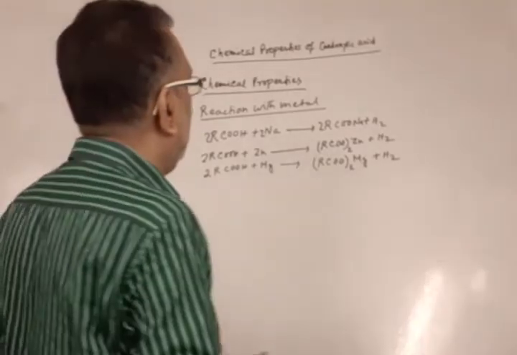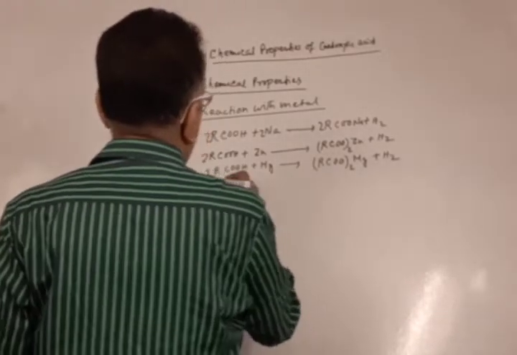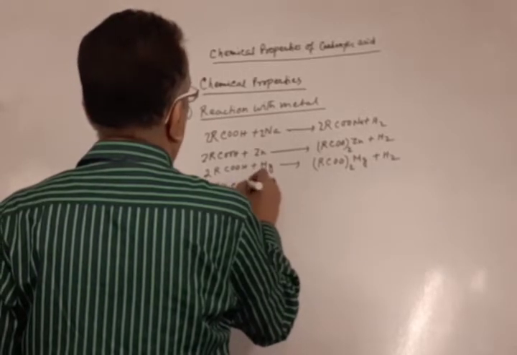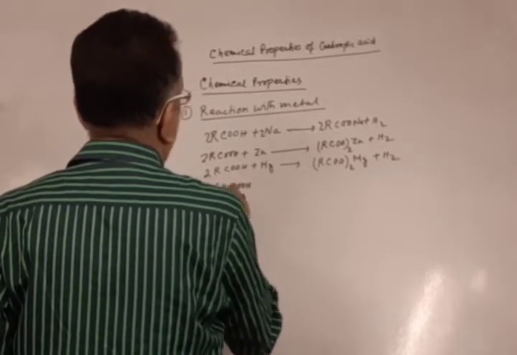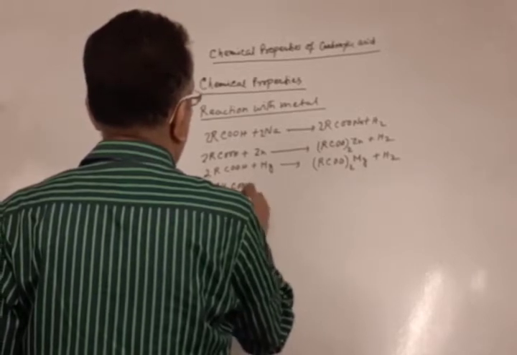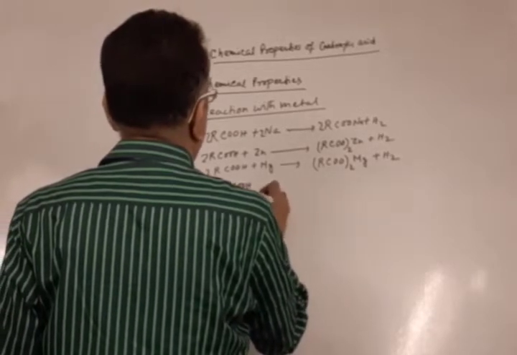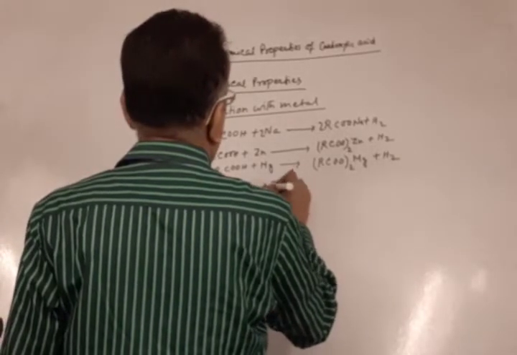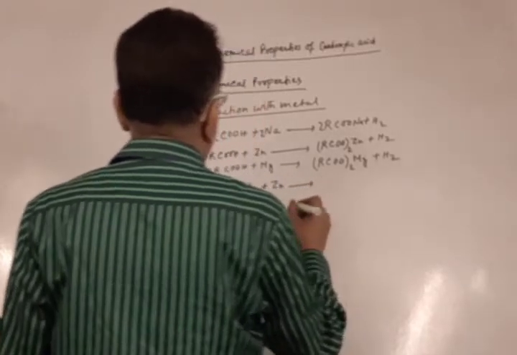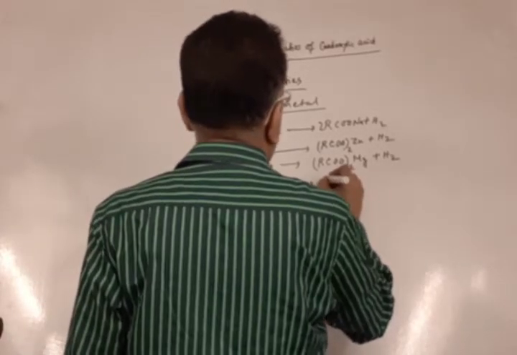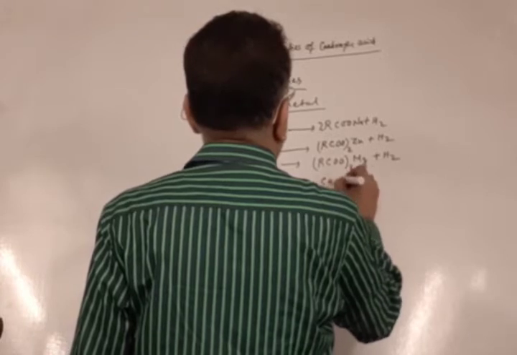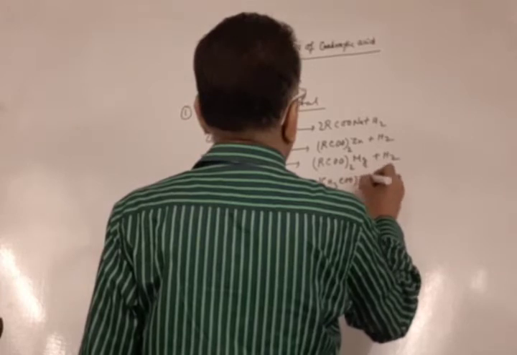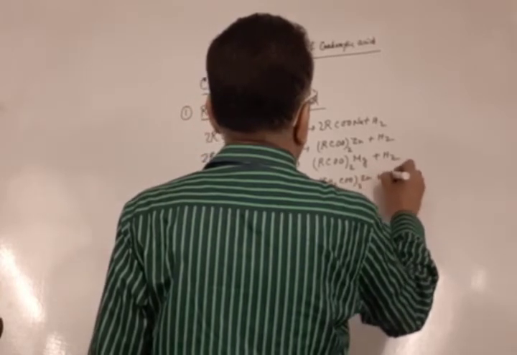If we take a specific example, CH3COOH, this is acetic acid, plus zinc gives (CH3COO)2Zn plus H2.